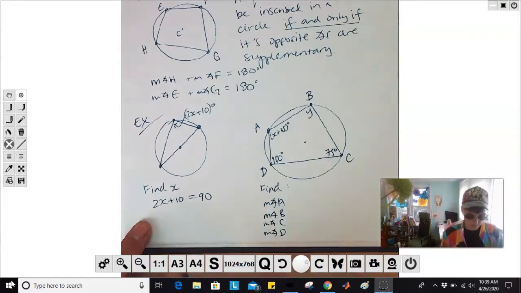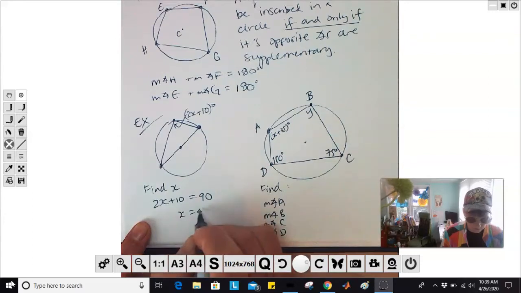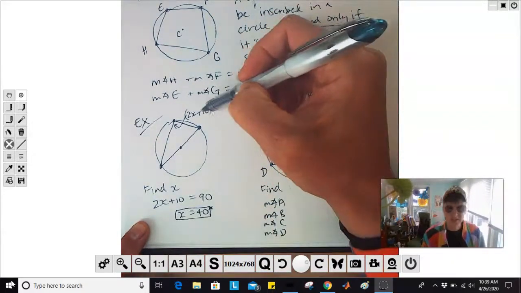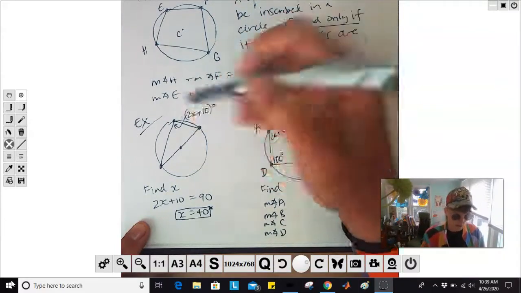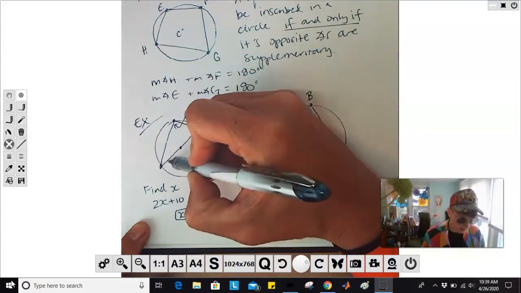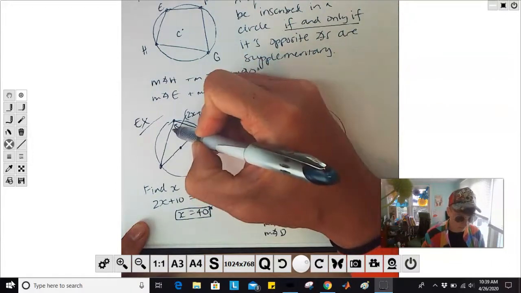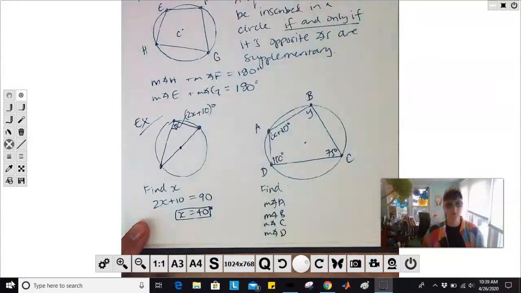Quick little solving, subtract 10 on both sides, we get 80 divided by 2, we get x equals 40, not 40 degrees, no, just 40, it's a number, right? Because 2 times 40 would be 80, plus 10 is 90, and this has to be a 90 degree angle because this guy here is clearly a diameter. Goes through the center and is a straight line. Awesome.